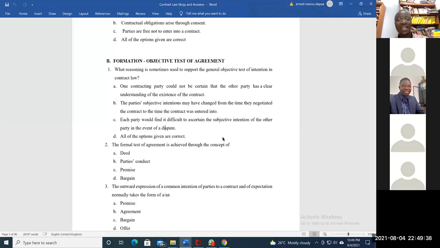You cannot tell me that the statement in option A is not correct, neither can you tell me that the statement in option B or option C is not correct. They are all correct, and if they are all correct, then the answer is D. That is why when we are doing multiple choice, we need to be careful so that we don't get it wrong.